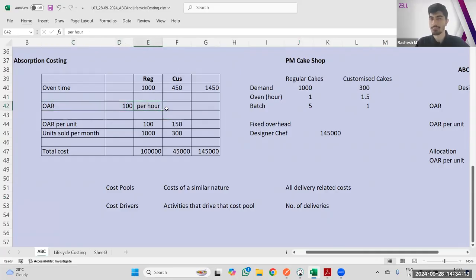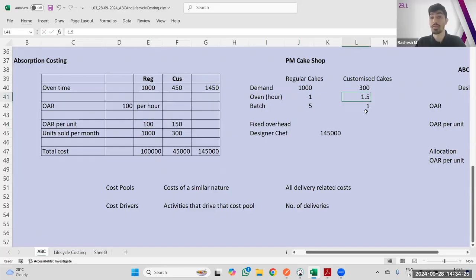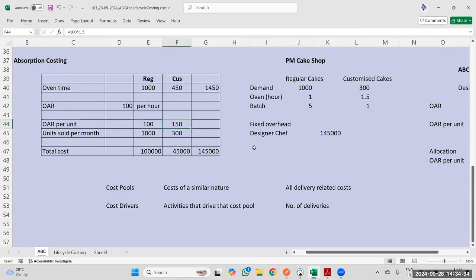With me so far? Yes, sir. Okay. Now, regular cakes take how many hours in the oven? 1 hour. So that's 100 into 1. Whereas custom cakes take 1.5 hours. So if it's 100 rupees per hour and they take 1.5 hours, then the cost per unit becomes 150. Okay. Now clear, sir.